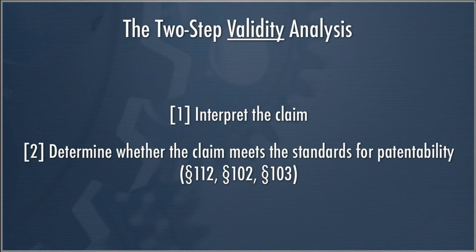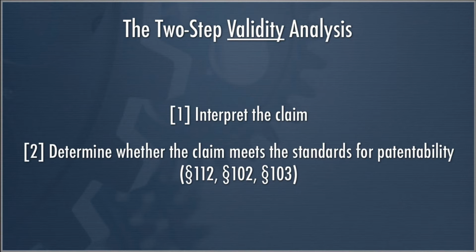Very similar for a two-step validity analysis, right? Your first step is to interpret what the claim is. And the second step is to determine whether it meets the standards that we've already gone through, the Section 112 standards for disclosure, the Section 102 standards for novelty, and the Section 103 standards for non-obviousness.